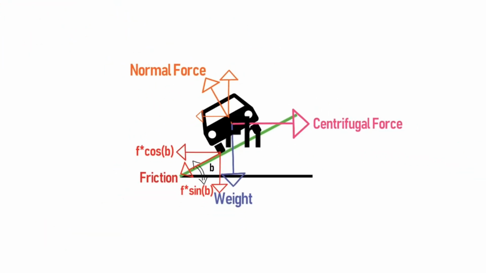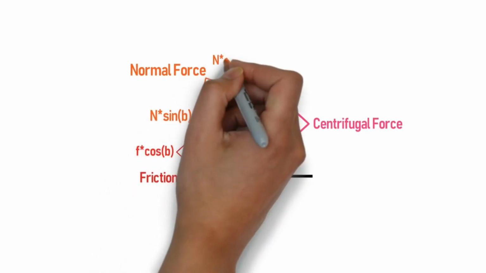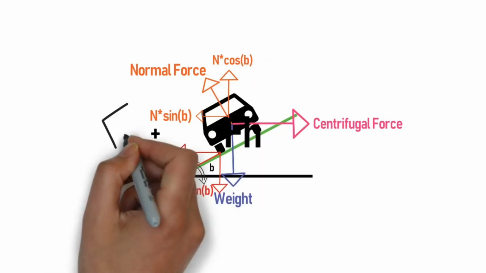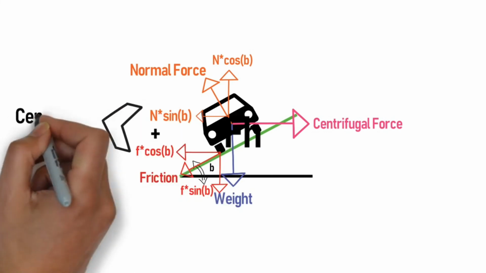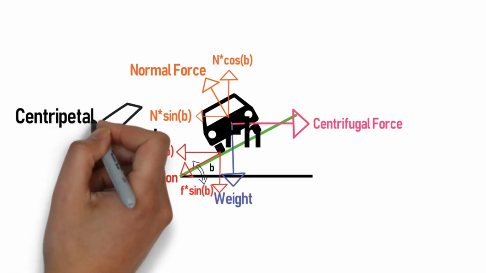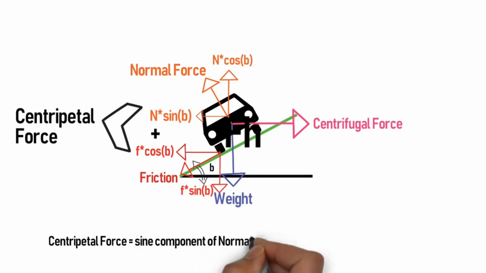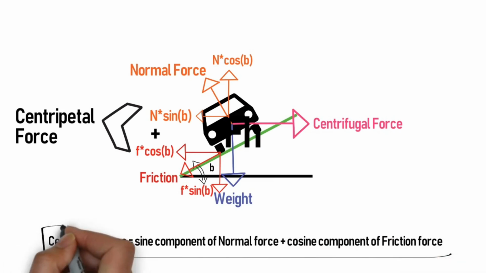Here the vertical component of the normal force is N cos B, and the horizontal component is N sin B. And also we know that centripetal force is acting exactly radially inwards. So here N sin B and F cos B are acting radially inwards. So if we add these two forces, we will get the centripetal force. So we can write centripetal force is equal to the sine component of normal force plus the cosine component of frictional force.